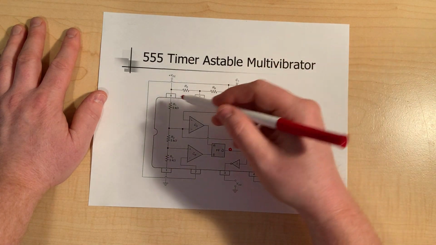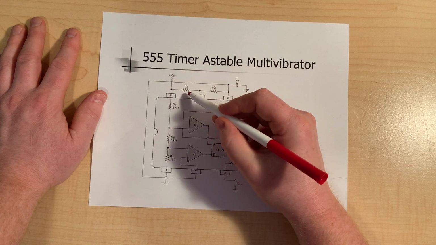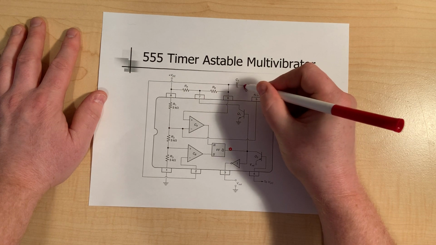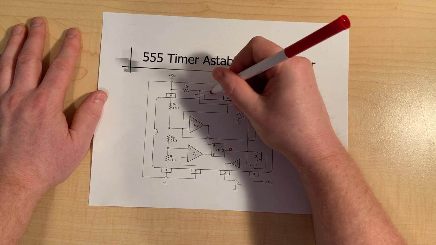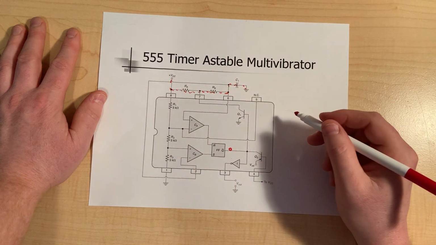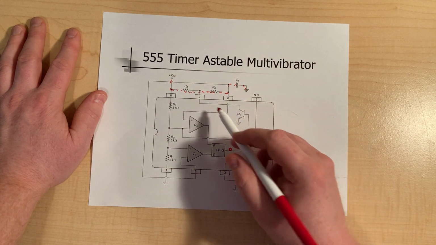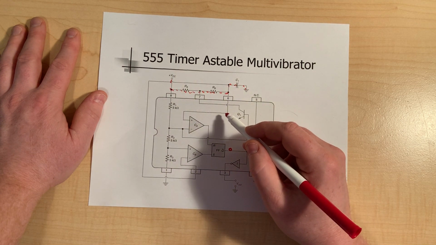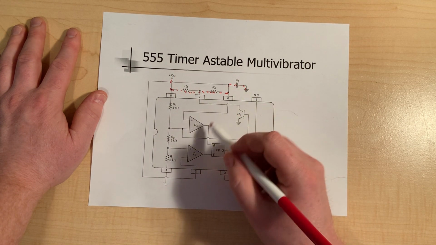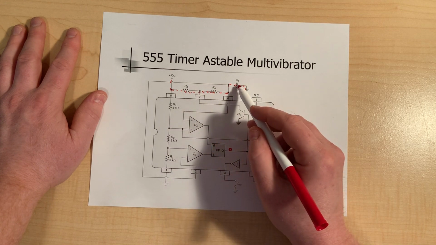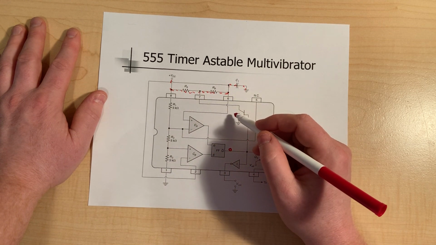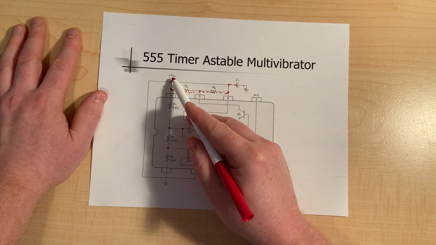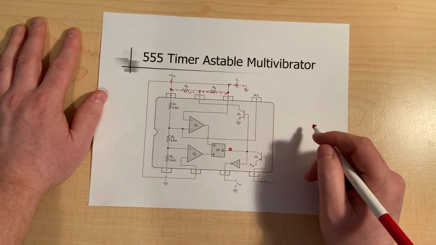For all intents and purposes, notice that we have VCC, we have RA, RB, and this capacitor tied to ground. There's that little portion of the circuit going through here. If there's no ground here, we have a straight shot from VCC to that capacitor, with two resistors in between. The combination of the resistors and the capacitor sets up the RC time constant. So at this point, with no ground here, this capacitor is charging.